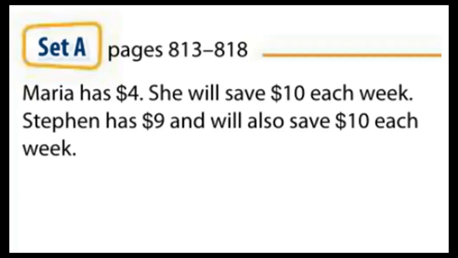So each one of them is going to save $10 every week. So I'm going to add 10 to the amount of money each one will start with. But here, don't forget that someone starts with more money than the other one. Let's see how.